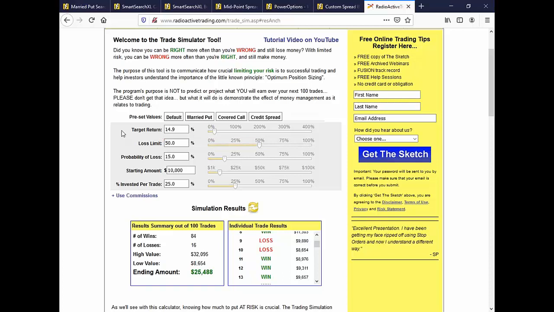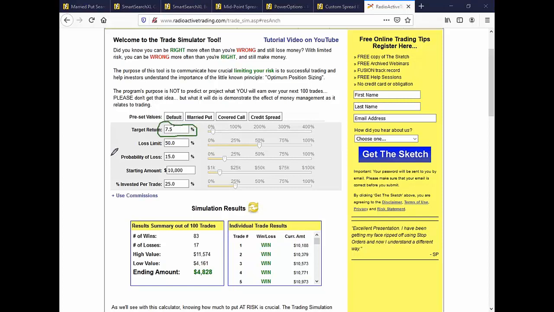But going back to that other point, let's call it 15. What happens if I close out all my winners at 7.5%, meaning that when I saw that 50% profit, I close out the winners at that price? Now, the theory behind closing the spread early is that you increase the amount of winners. With the deep out-of-the-money, high-probability credit spreads, that's not the case.